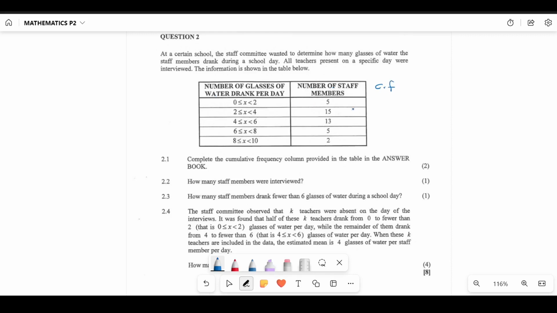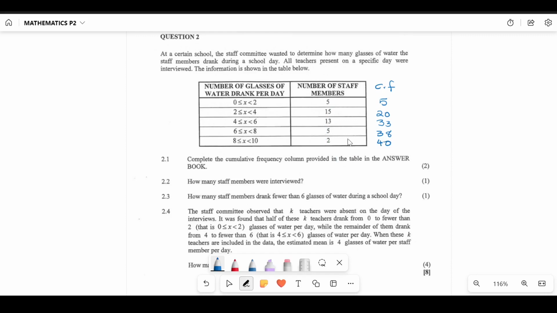So cumulative frequency is frequency added: 5, then you add 5 and 15 together, which will give you 20, then 20 and 13 together, that gives you 33. 33 plus 5, 38, plus 2, 40. That is the completion of the cumulative frequency column. Now 2.2, how many staff members were interviewed? Always the last number is the total frequency.